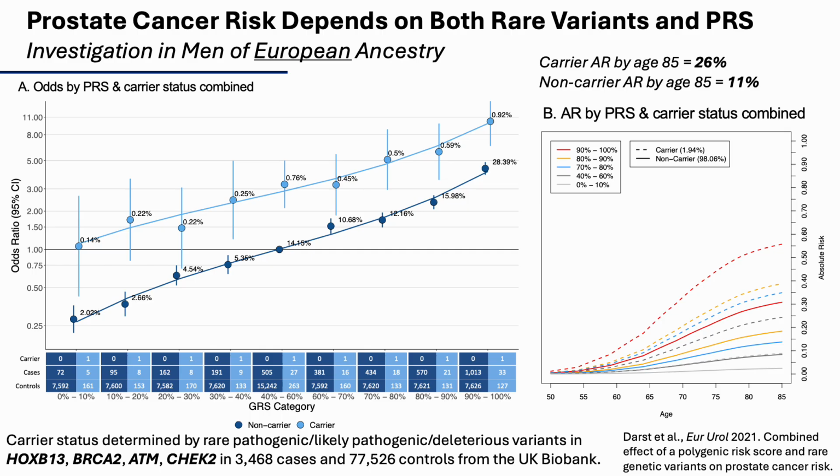But in carriers, they range from maybe about 10% all the way up to about 55%, looking at the dotted lines in this figure. So here you can see that the absolute risk of prostate cancer depends not only on carrier status, but on polygenic risk score information, and that there can be a pretty wide range in absolute risks that depend on having information about both genetic risk factors.